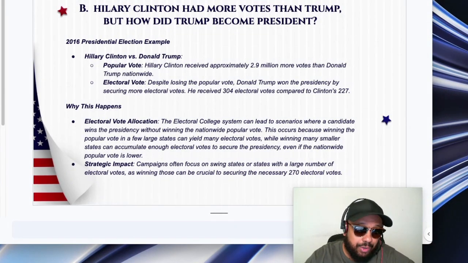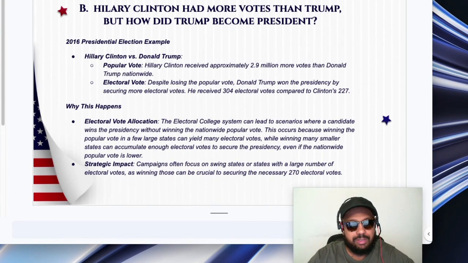Despite losing the popular vote, Donald Trump won the presidency by securing more electoral votes. He received 304 electoral votes compared to Clinton's 227. So Hillary Clinton won the popular vote, but Donald Trump won the electoral vote.